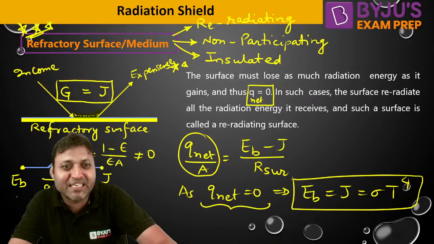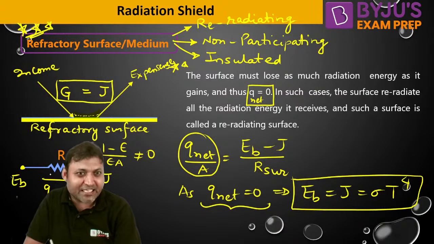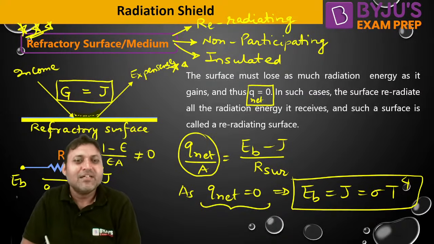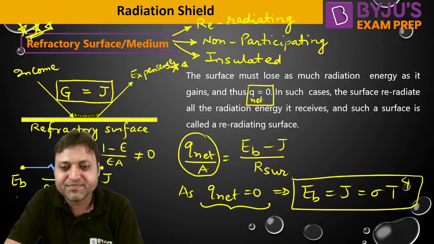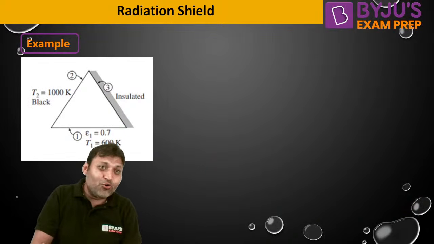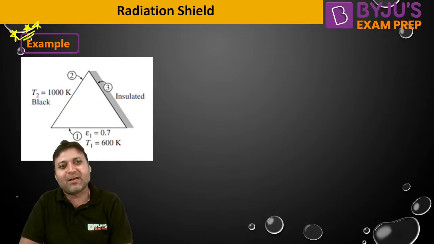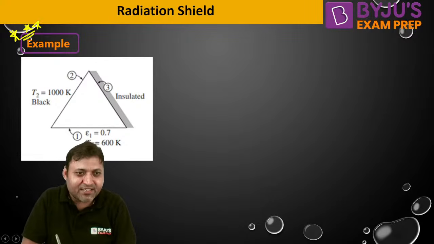We can remove this resistance because there is no heat flow in this part of the circuit diagram. Then we can remove that part from our analysis. Can you draw the circuit diagram for this given example? There are 3 surfaces and we can consider it as an enclosure.